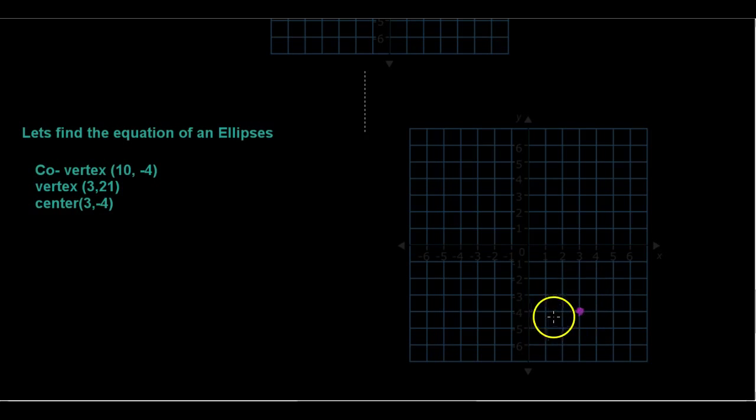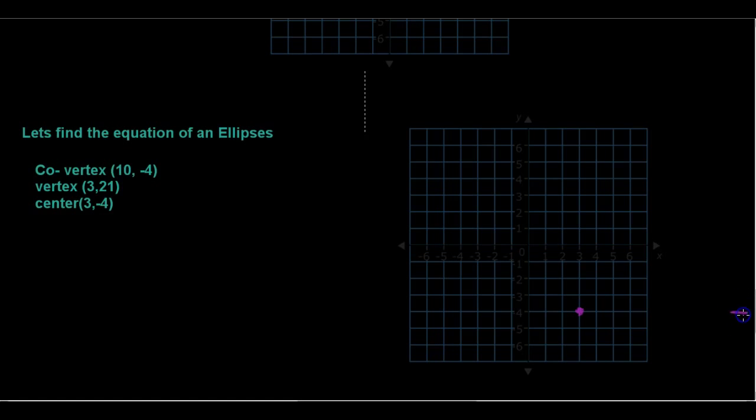So that's going to be way out here. So let's just make that a little dot out there. But we'll be able to figure it out without having to have the whole graph. And then our co-vertex is going to be at (10, -4). 1, 2, 3, 4, 5, 6, 10, negative 4.